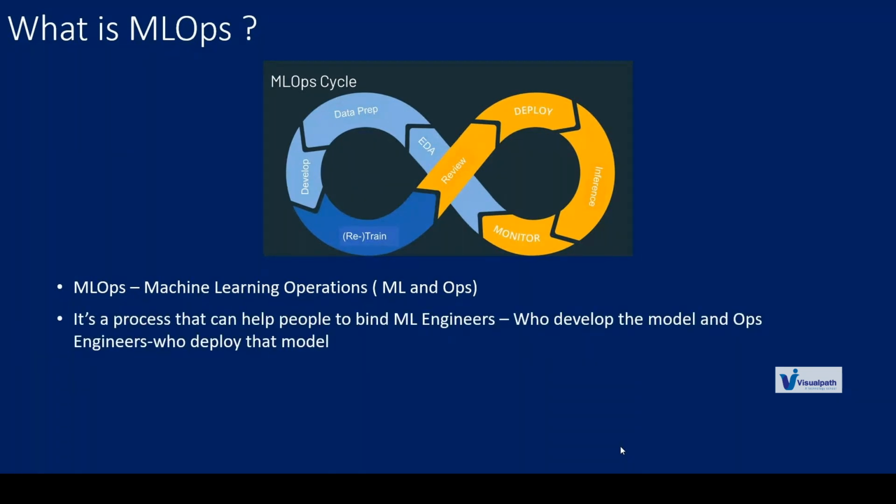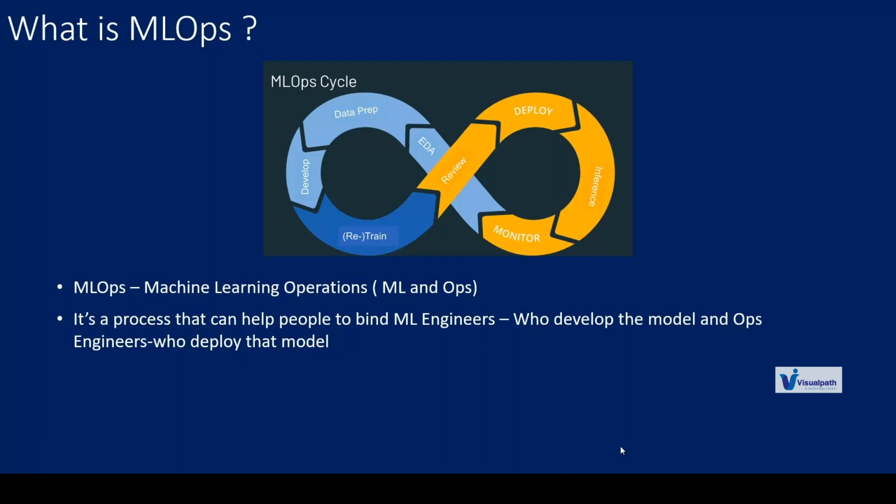It's a kind of process where companies take into consideration targeting two sets of domains. One domain is machine learning, where machine learning engineers, who are called developers, write the code. Basically, they develop the code, and the operations team is the one who deploys those models.